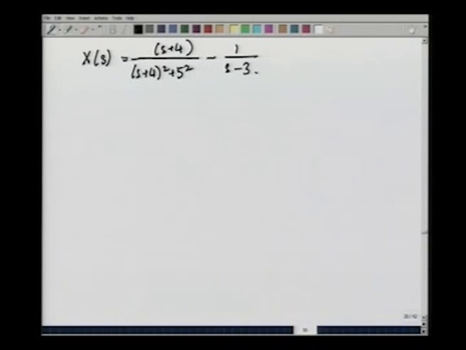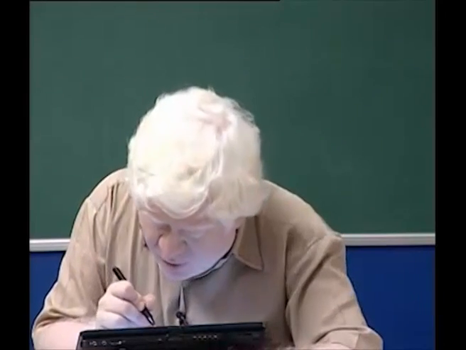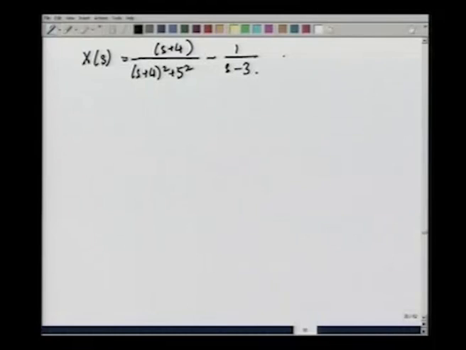This is what you get. Now, from the expressions we have already presented for standard forms, we could invert both these directly. Let us say that we have been told that the ROC of this is greater than 0.